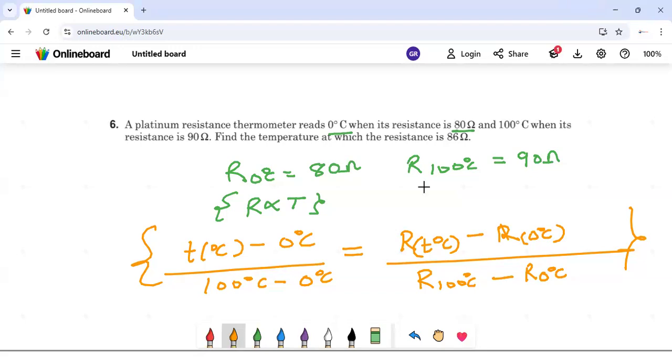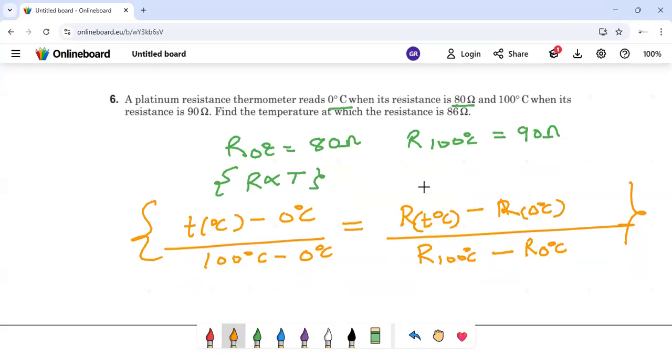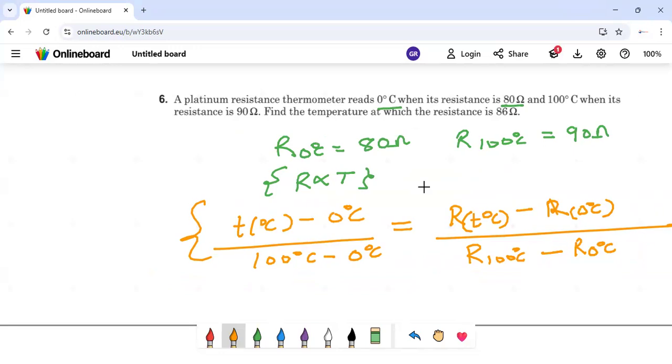So here we'll just use this formula. T we want, right? So we'll write T upon 100 equals 86 minus 80, divided by 90 minus 80, which is 10.